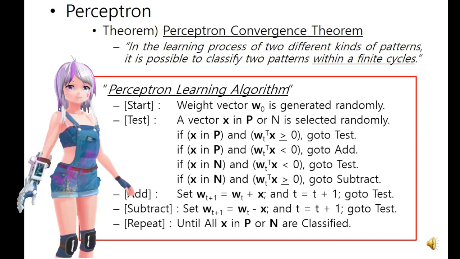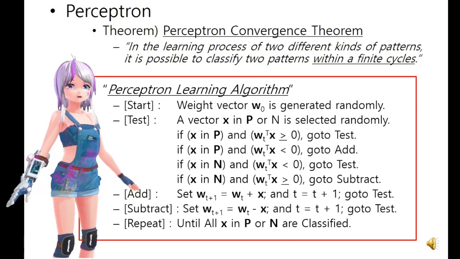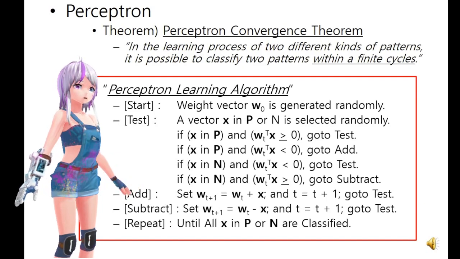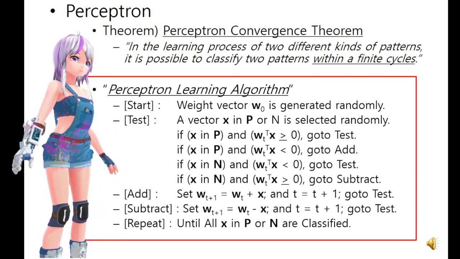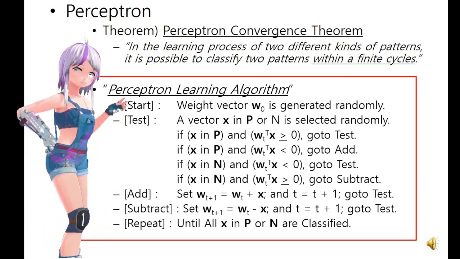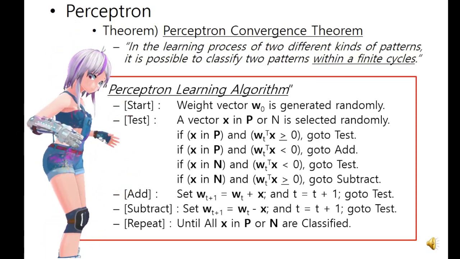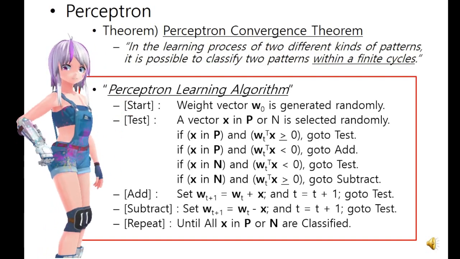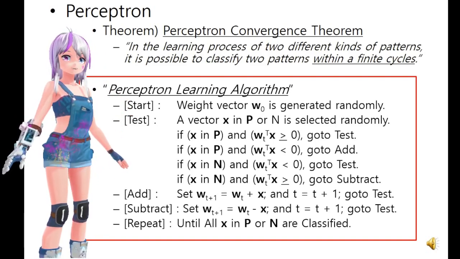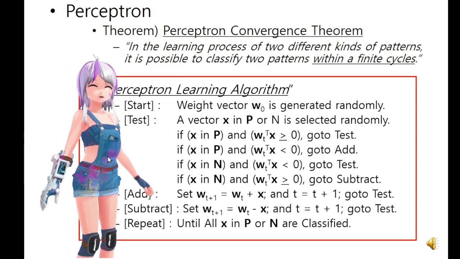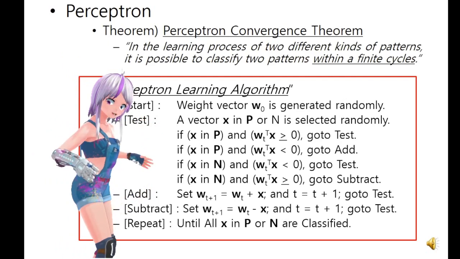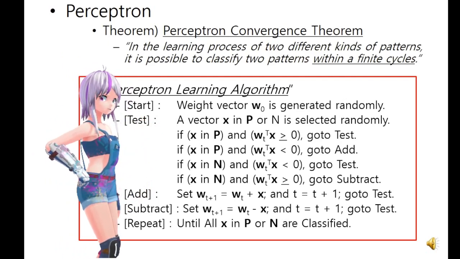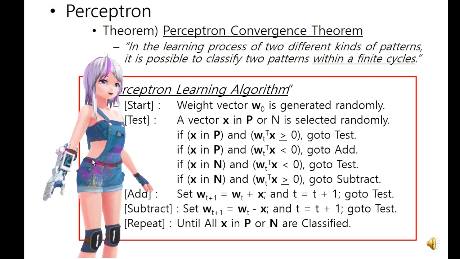Take a look at the test again. We pick up another training vector x in P or N. Now, if x is in N, the output should be 0, or minus 1 if it is bipolar. We check the inner product, and if Wt transpose x is negative, then it satisfies the output condition. It is 0 or minus 1 after processing through the threshold logic unit or nonlinear activation function.